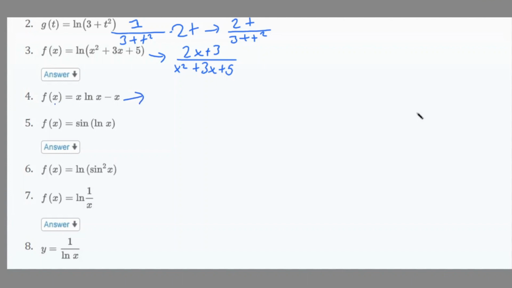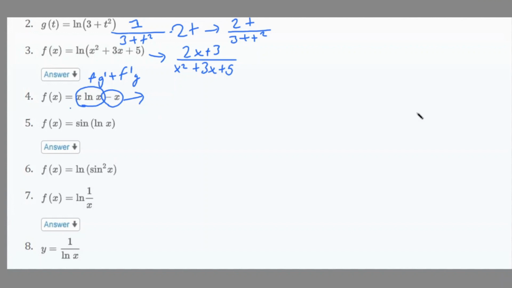Number 4 is the function f of x is equal to x ln x minus x. For this, we have to use the product rule for the derivative of x ln x, and then minus x could just be minus 1. So the product rule, if you remember, is f g prime plus f prime g.